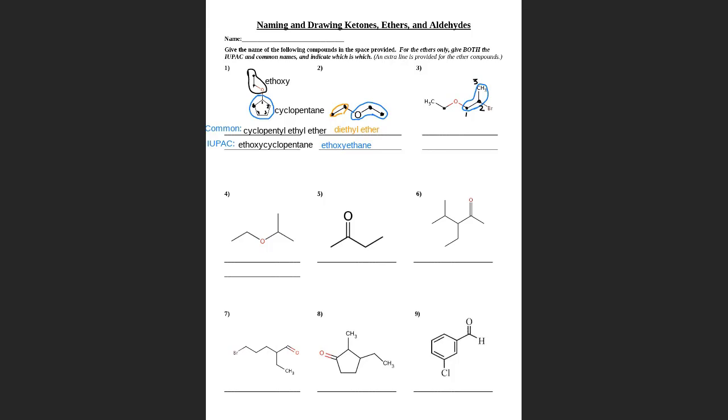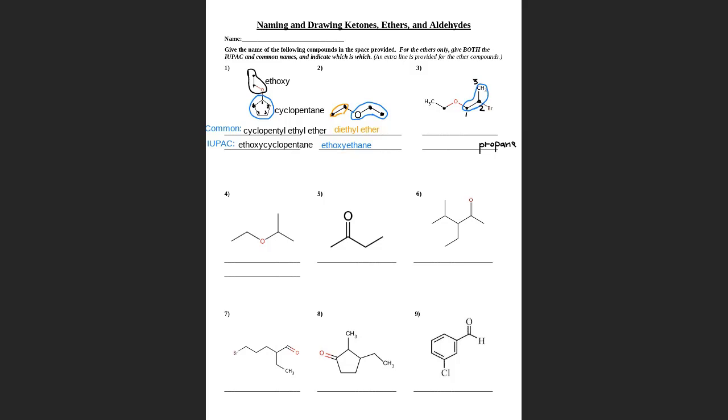Because it's a 3-carbon chain, the root name is what? Prop? Yeah, propane. And ethers in the IUPAC naming system just get named as alkanes with the substituent. So it's propane, but then I have a bromo group, and I also have this other stuff over here. What is this other branch going to be called?